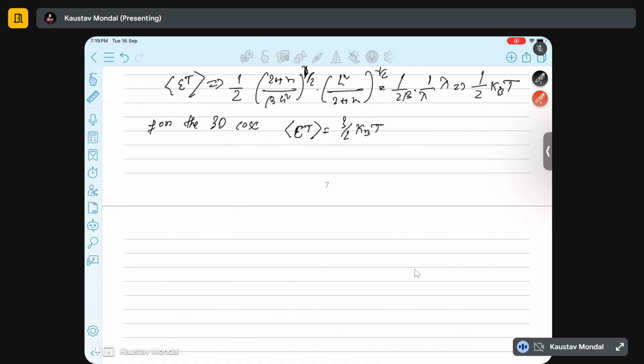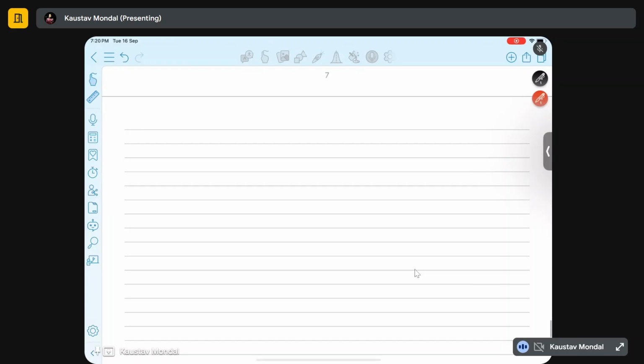Now comes the mean rotational energy. So for mean rotational energy, first let's check how the rotational partition function looks.